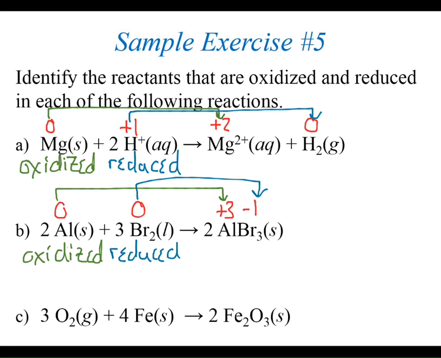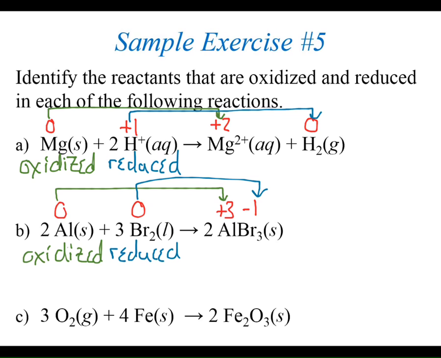Oxide minus 2. How many of them are there? 3 times 2 is 6 minus. These have to be 6 plus. There's 2 of them, so each has to be 3 plus. Iron 0 plus 3, oxygen 0 minus 2. Okay, so you and your neighbor agree?